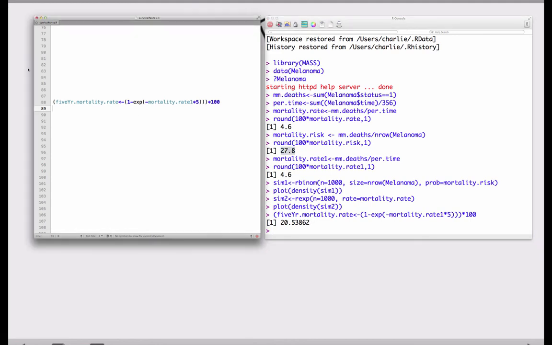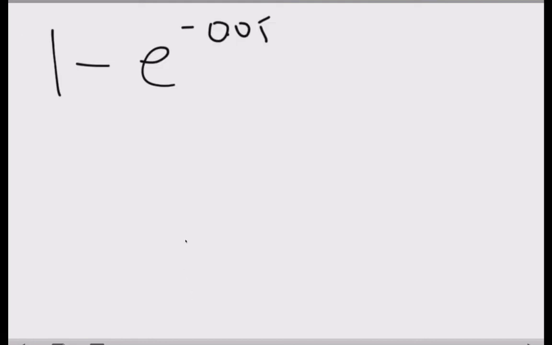Now, there is an assumption that comes with the exponential model of disease as well. And that assumption is not necessarily that there are equal periods of observation, but that there's a constant hazard. And this brings us to the idea of what is actually a hazard. You'll see reference to hazard when we start talking about survival modeling.